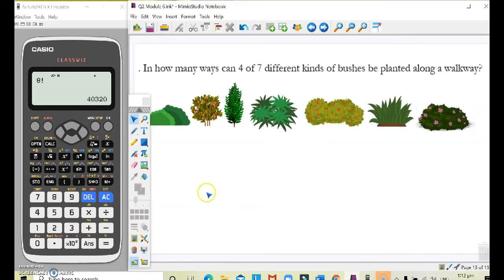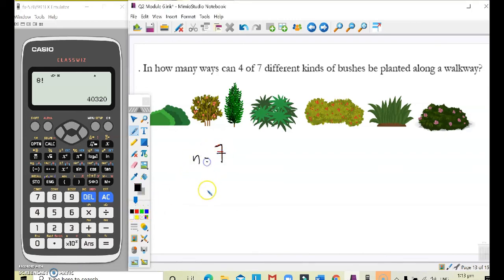So next, in how many ways can 4 of 7 different kinds of bushes be planted along a walkway? So what we know is that we will be needing 4 bushes out of the 7 different kinds of bushes that we have that will be planted along a walkway. If that's the case, that means there are 7 kinds of bushes to choose from.